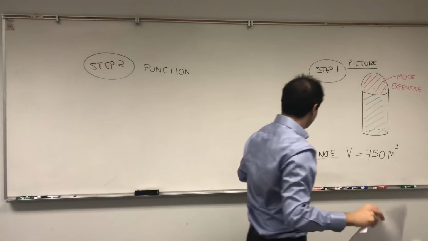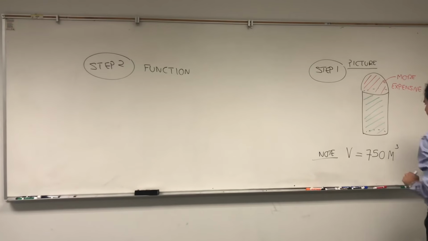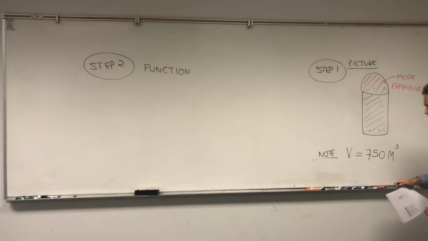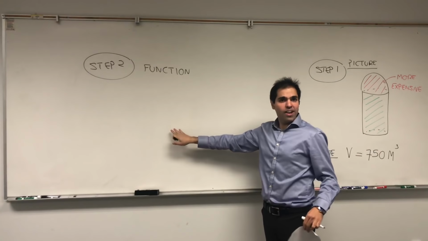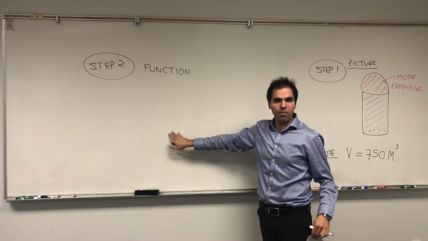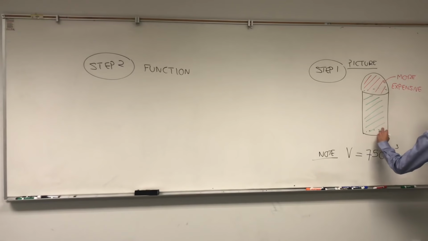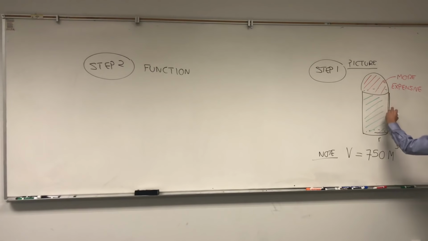Again, the goal is to minimize a sort of surface area. And for this, we need to introduce some variables, which, by the way, are already given to us in the problem. The problem tells us we need to use the radius of the cylinder, which is r, and the height of the cylinder, which is h.